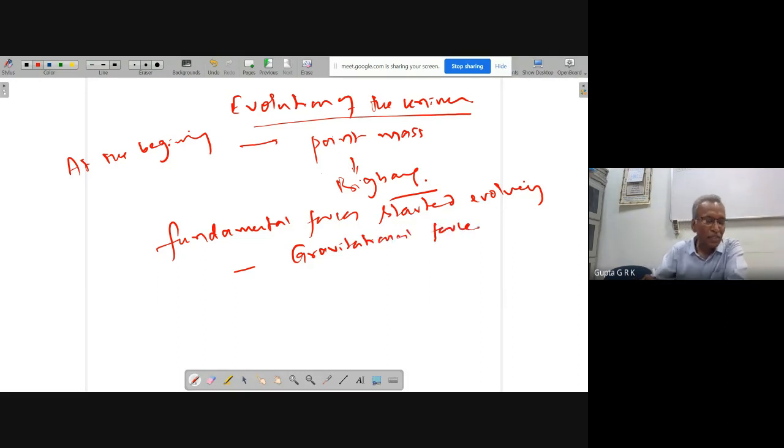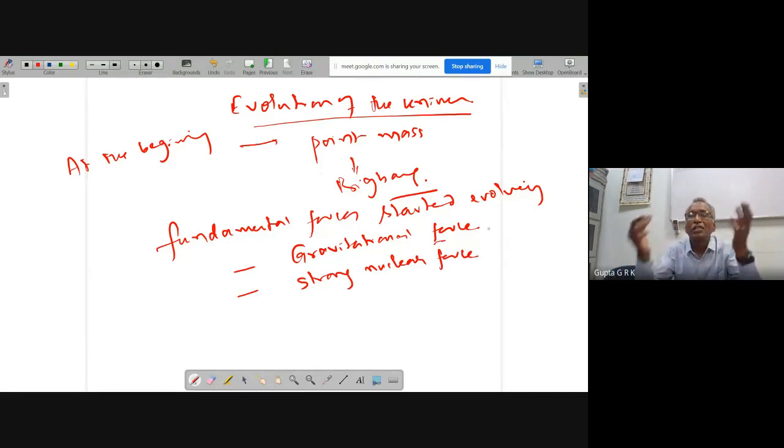And then we have what is called the strong nuclear force. Gravitational force is the force between all celestial bodies and all. And what is the strong nuclear force? Anybody knows about it? This is the reason for the formation of protons, neutrons, nucleus and all, right?